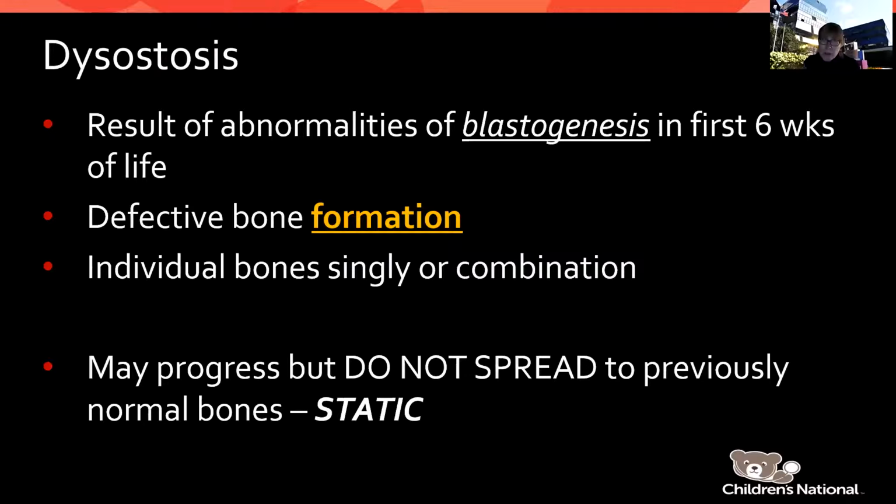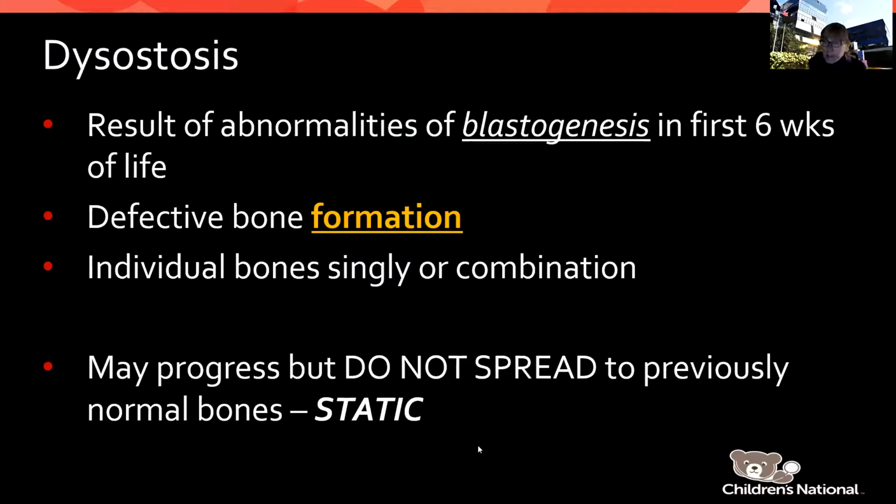We also will come across the dystostoses, which are more of the defective bone formation. Usually those don't change over time. It's a one-off. You'll see the abnormality in the newborn period. It's pretty static. It'll look pretty similar if you got a follow-up film at 10 years of age.